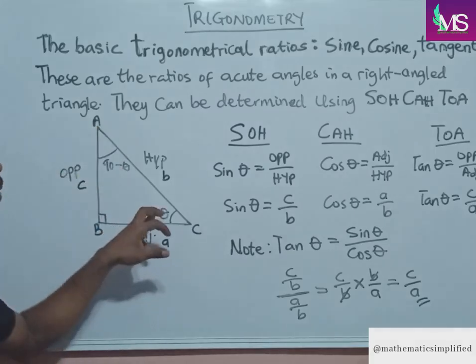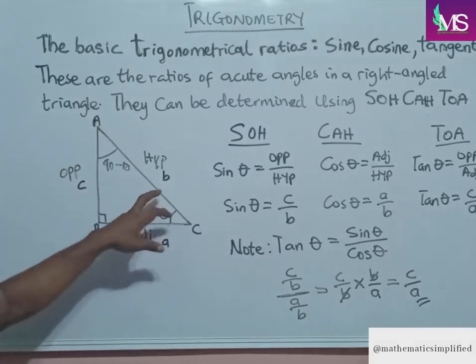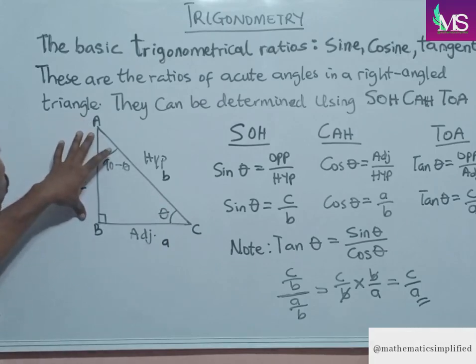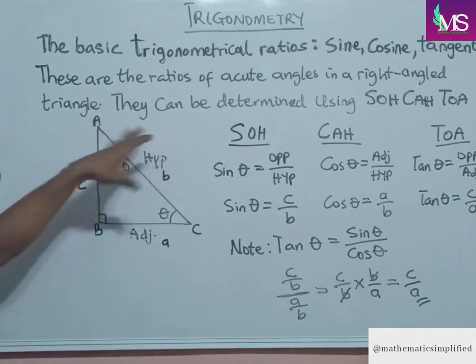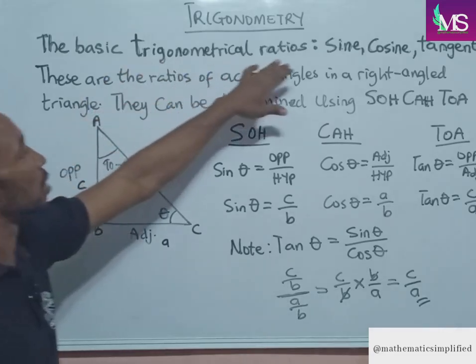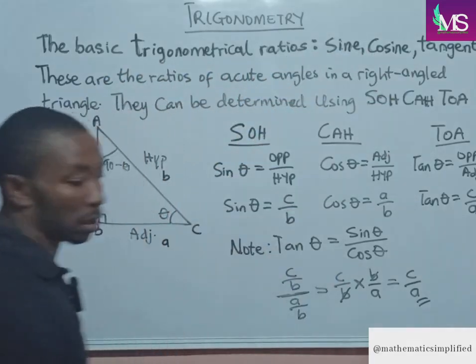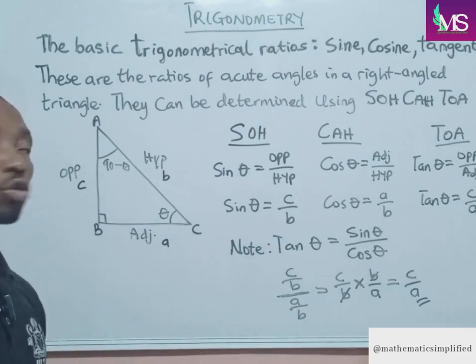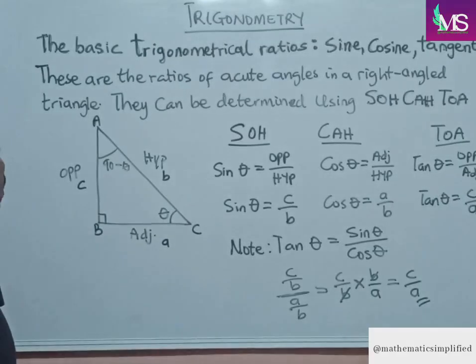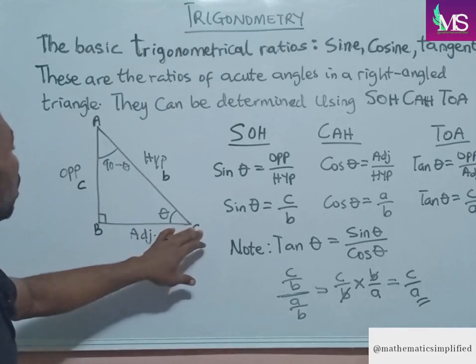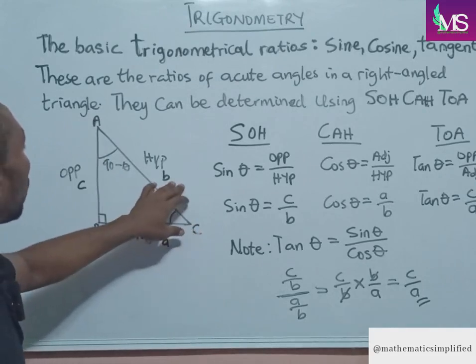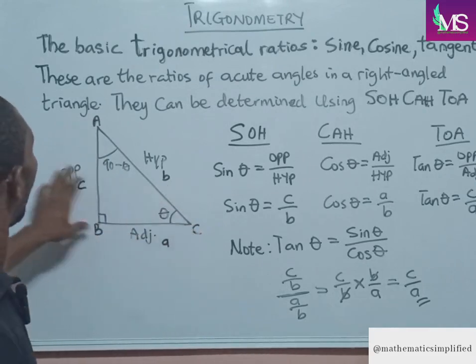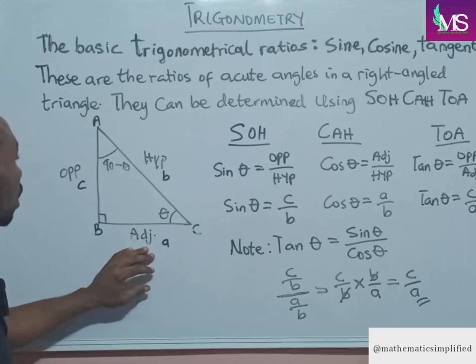The acute angles of a right angle triangle are what we use in determining our sine, cosine, and tangent. In the right angle triangle, we have the longest side, which is our hypotenuse, the opposite and the adjacent.